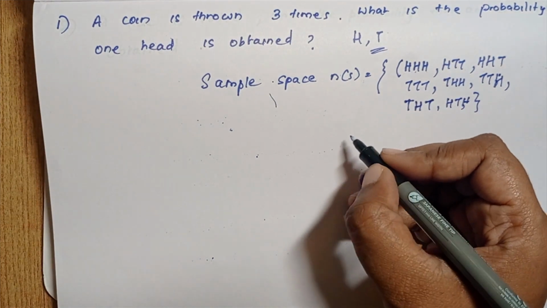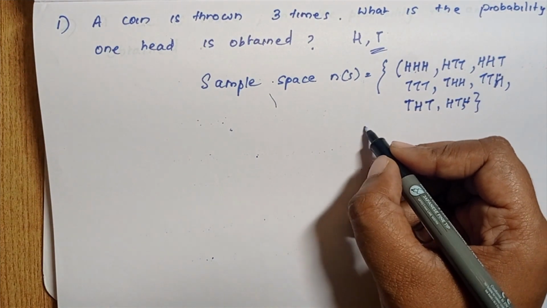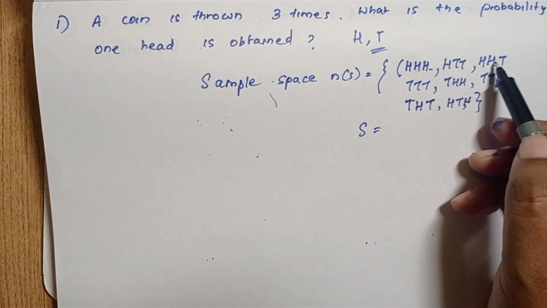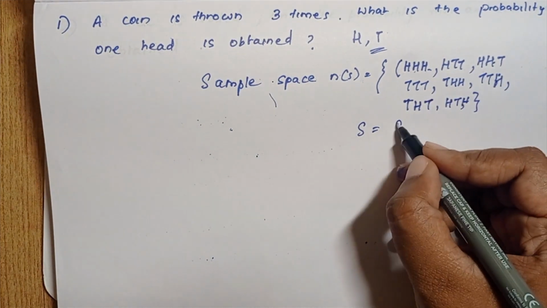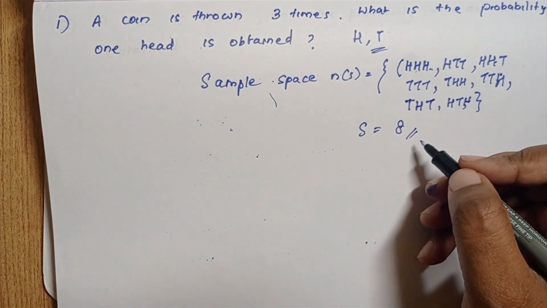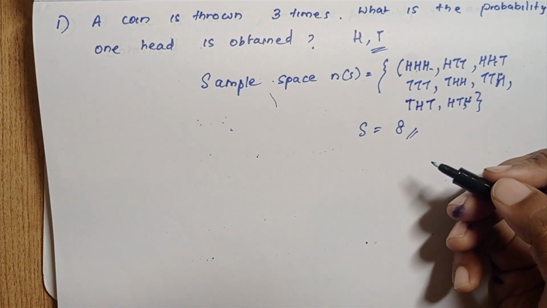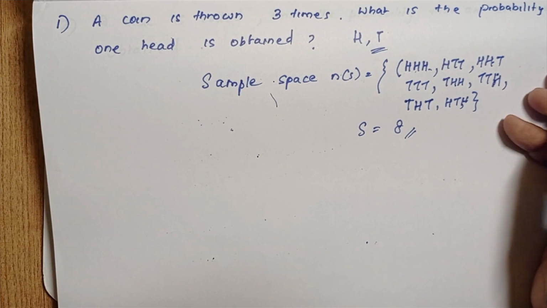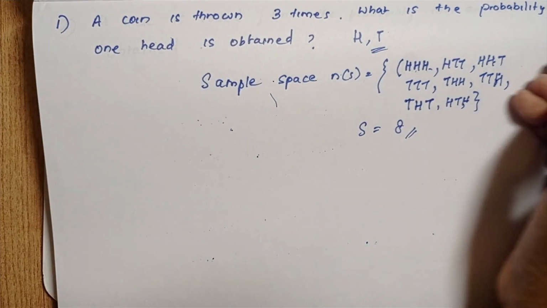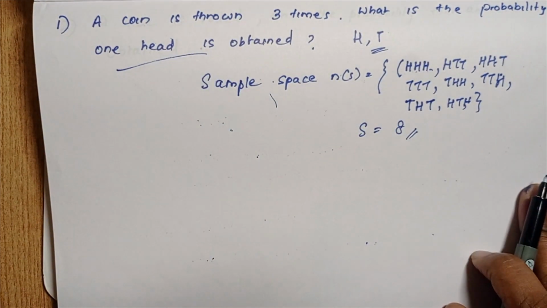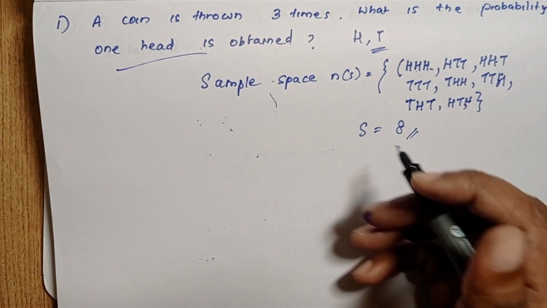So the number of outcomes in the sample space is 1, 2, 3, 4, 5, 6, 7, 8. So these are the total number of outcomes. Now we have to find out the probability that at least one head is obtained. So what are the favorable cases?